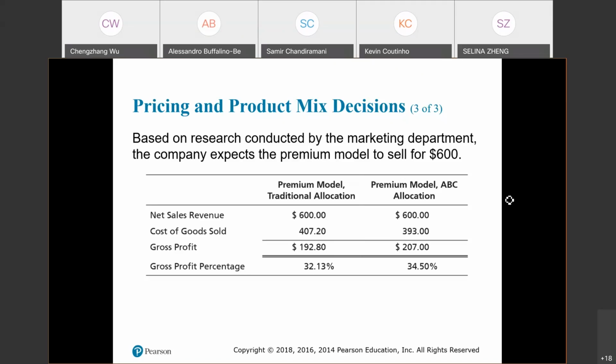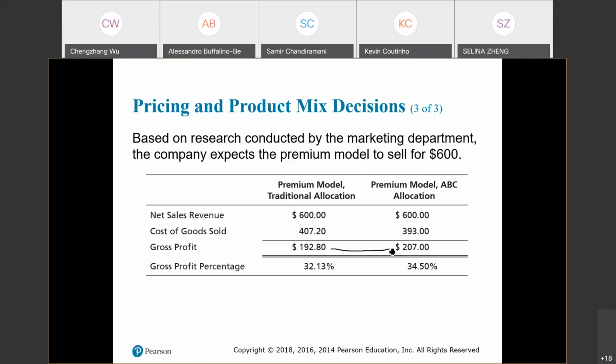The increase in gross profit is a difference of $14.20. That is the difference between the gross profits.